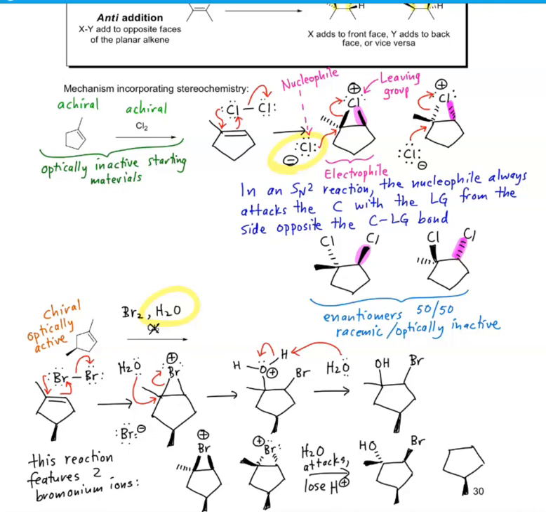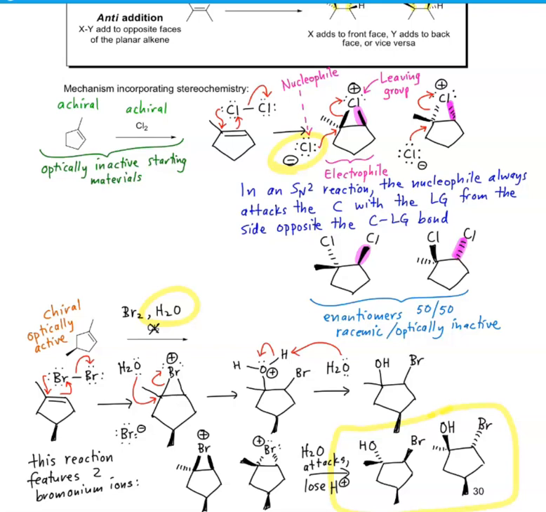Notice that the methyl group at the bottom of the ring doesn't change its orientation. It's not directly involved in the mechanism. It's not directly involved in the reaction. It's not attached to any of the carbons that are undergoing reaction. So we end up with these two products. And once we compare them, we can tell that they are diastereomers.